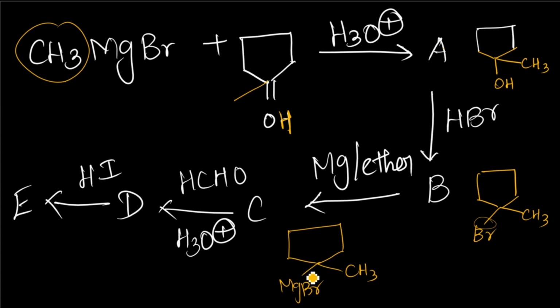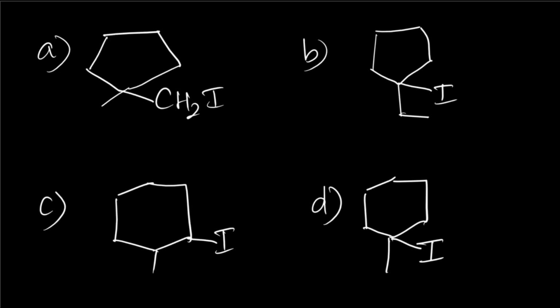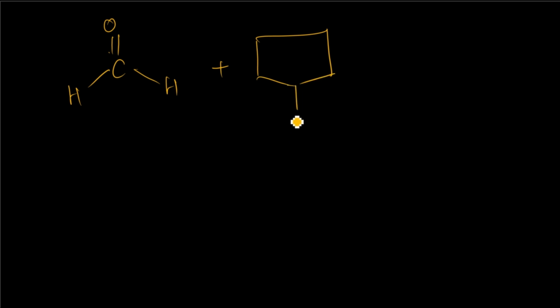Then D. Here comes, I already told you, write it like this. C double bond O, H, H. What will a Grignard reagent do with a carbonyl compound? Here I'm having a Grignard reagent like this. So the whole R part will get substituted on this particular carbon.